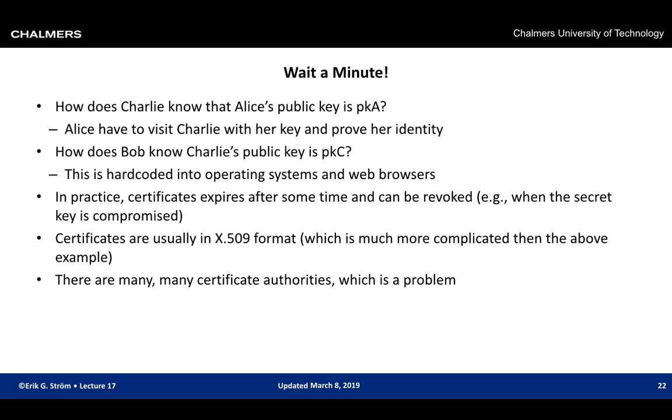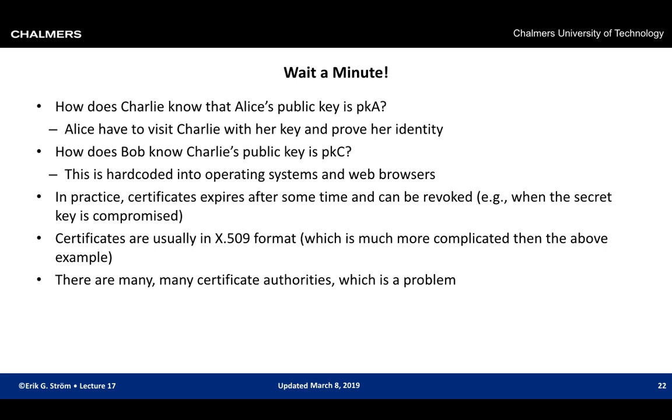So whenever you install an operating system, it comes with a bunch of public keys for these certificate organizations. And then you better trust that Apple or Microsoft or somebody else actually put in the right bits there, right? But maybe they have gone to Charlie also and said, okay, so now I know you're Charlie, I'm Apple, right? So are you sure about these bits and so forth? And then they organize this.